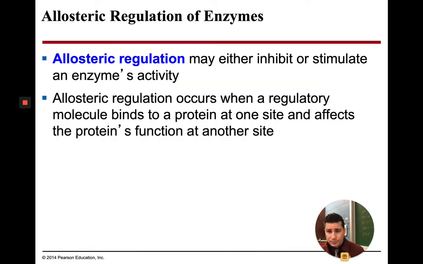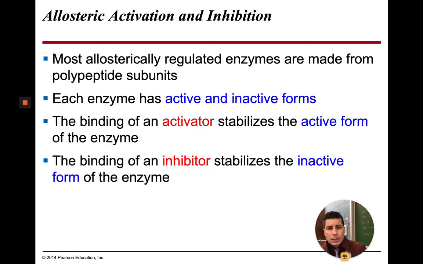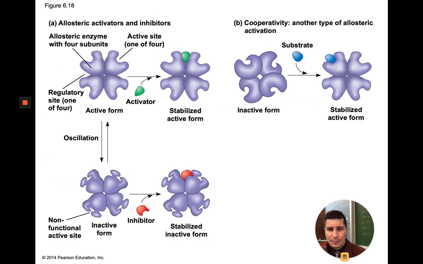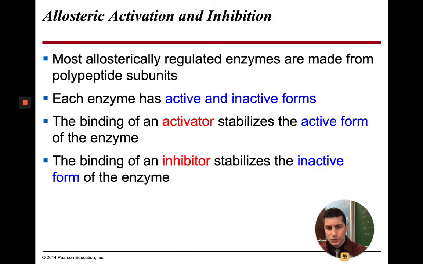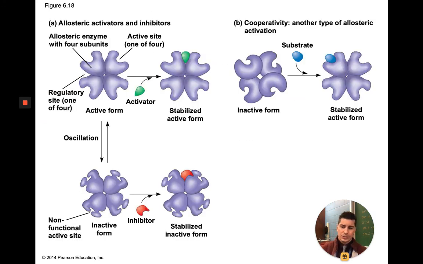All right. Last thing with enzymes is allosteric regulation. So let me get to the picture of allosteric regulation. What goes on here is we are going to have two types of regulation. We're going to have inhibition, which is our first one, and activation, which is the other one.